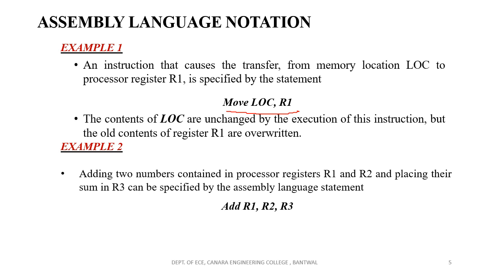Here you can term Move as a mnemonic, and it will have operands. The mnemonic represents what action has to be done. For example, in the second example you have Add, and in the first you have Move. Move indicates that the content in location has to be copied to the register R1.